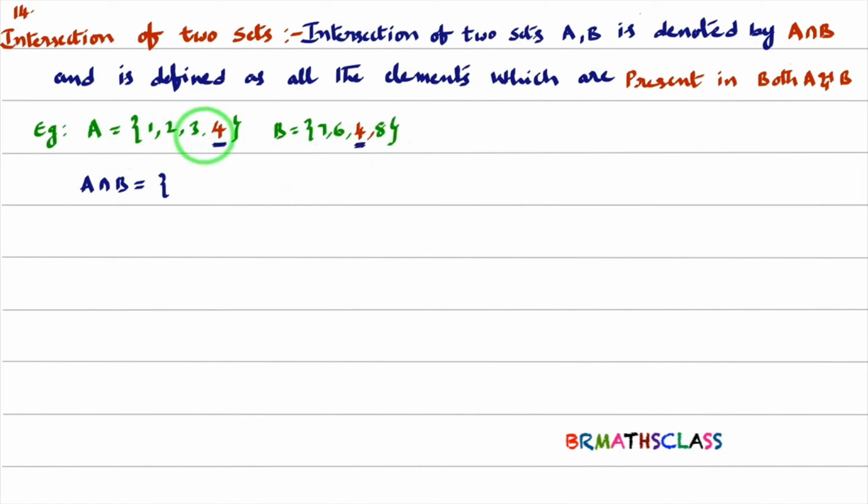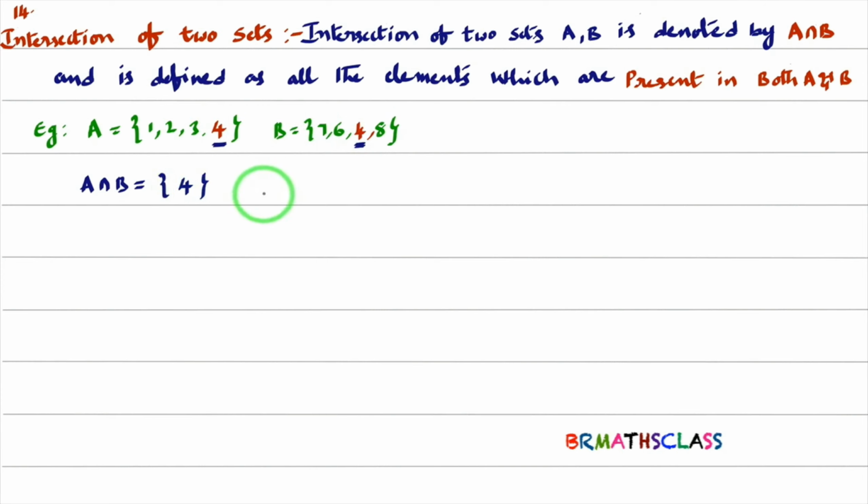So what are the elements which are common in both A and B? That comes in A intersection B. Is there any other element which is common in both? No. 4 is the only element which is present in both A and B. So A intersection B is the singleton set {4}.